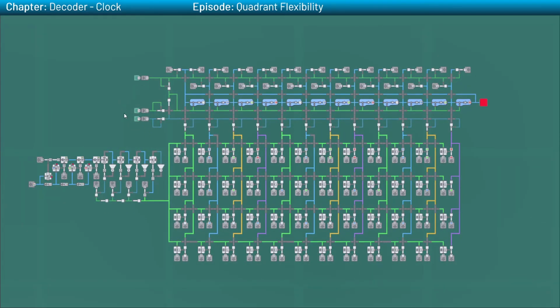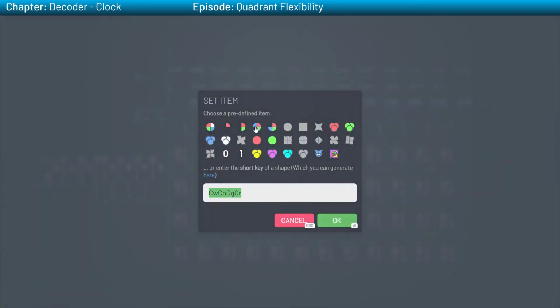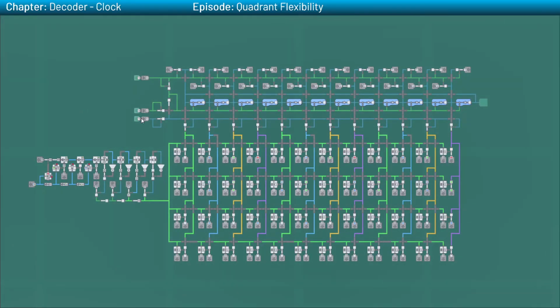We load that up, and now we get red, green, blue, white, red, green, blue, white, red, green, blue, white, etc. A set of 4. Let's reset it again. Try a shape with 3 quadrants. Load them up. Now we get green, blue, white, green, blue, white, green, blue, white, green, blue, white. Okay, that's good.